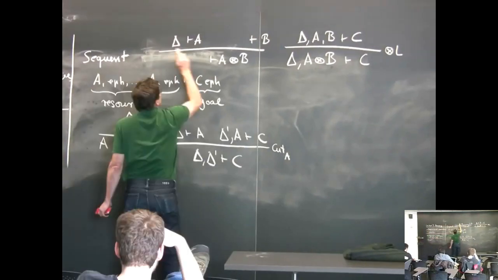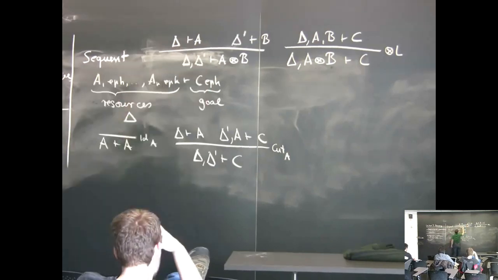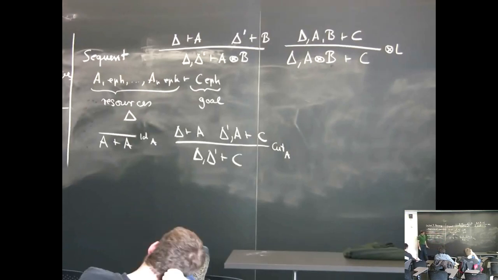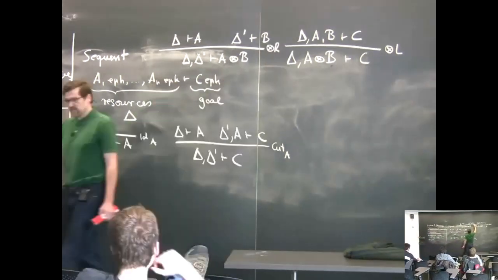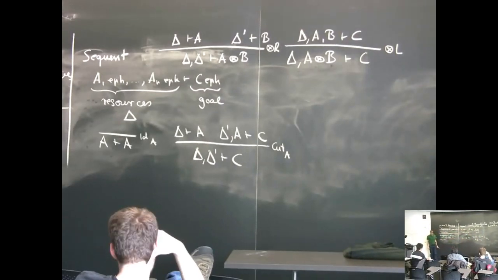So I put some resources here and some other resources here, and then I combine them together like this. So that's the tensor right rule. The right rule for each connective shows you how to actually prove it, how to establish the goal A tensor B. Let's do it also for implication.